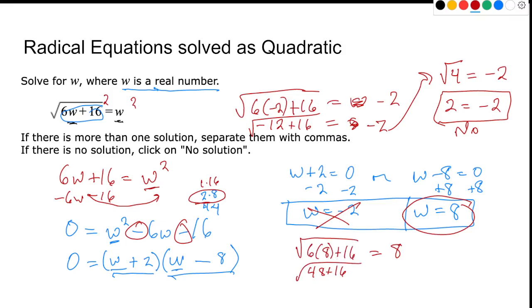Add these together, you get 64, and the square root of 64 is 8. Yes, that checks, because 8 does equal 8. So it checks out here, doesn't work with the other one, so we actually end up with only one answer. Okay.